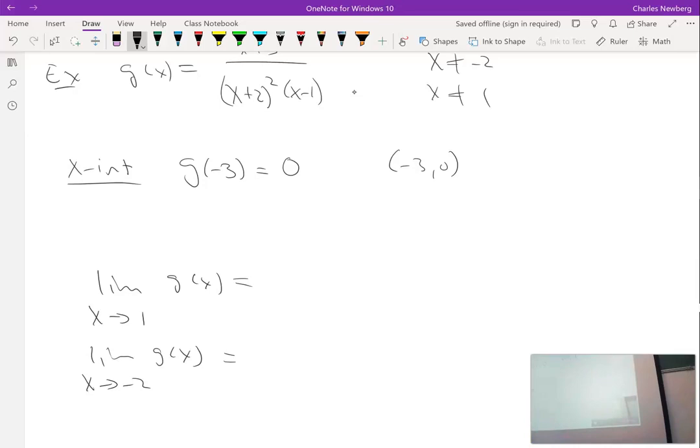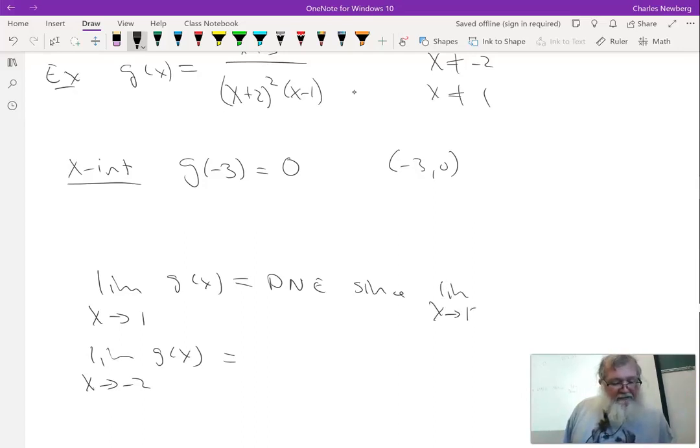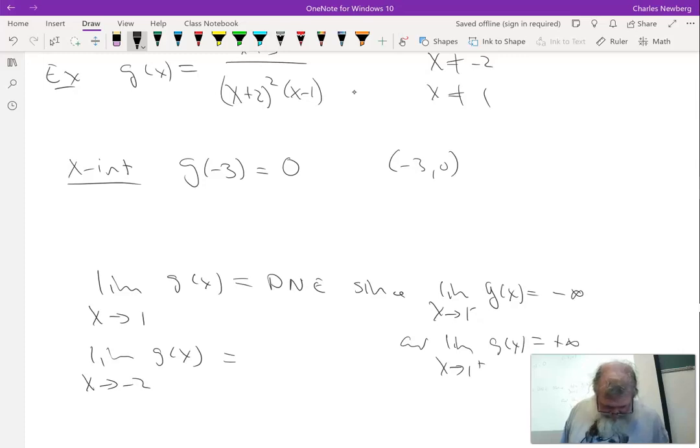Does not exist, since the limit as x approaches 1 from the negative side of g of x is negative infinity, and the limit as x approaches 1 from the positive side is positive infinity. The one-sided limits are not the same. And on a does not exist, you'll have to tell me why.